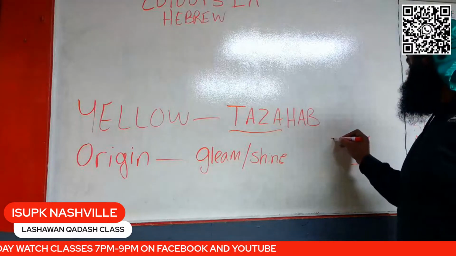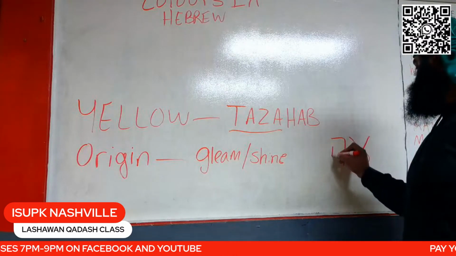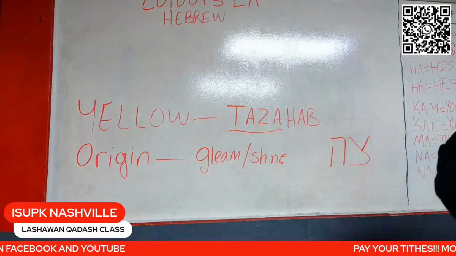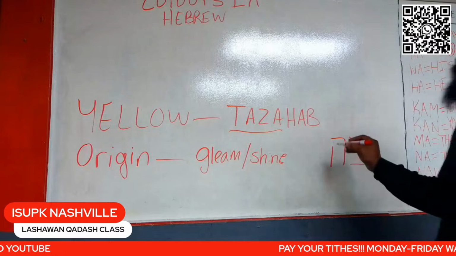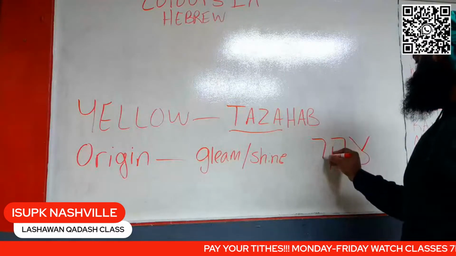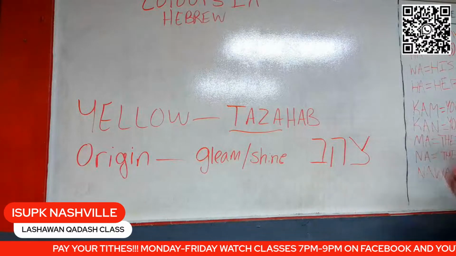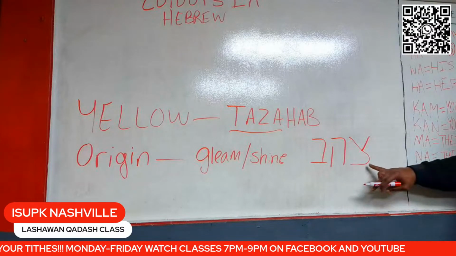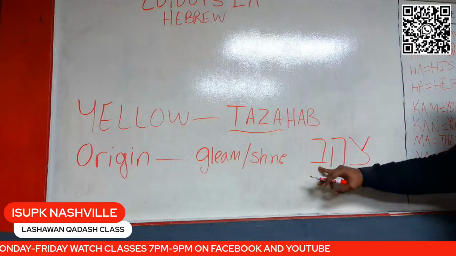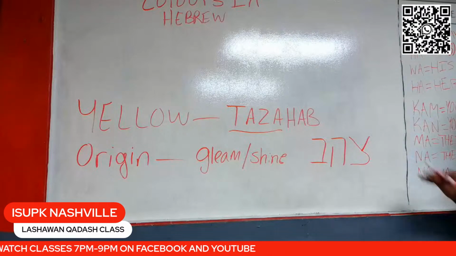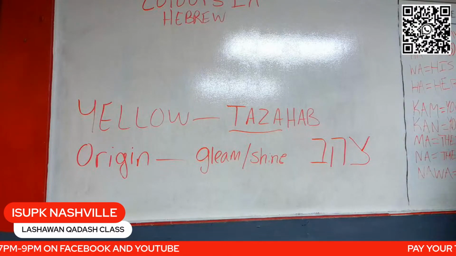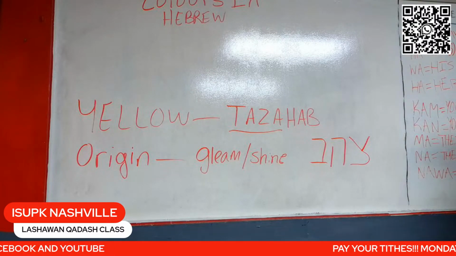Ha. And then ba. That's how you write it out in the Assyrian. Tazaha. And remember, the Assyrian doesn't get any kind of connectors.